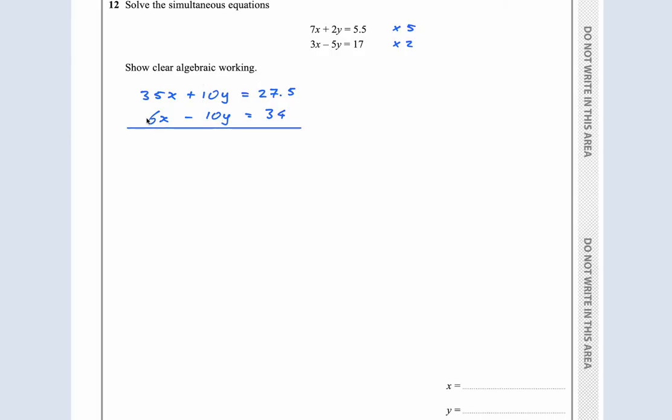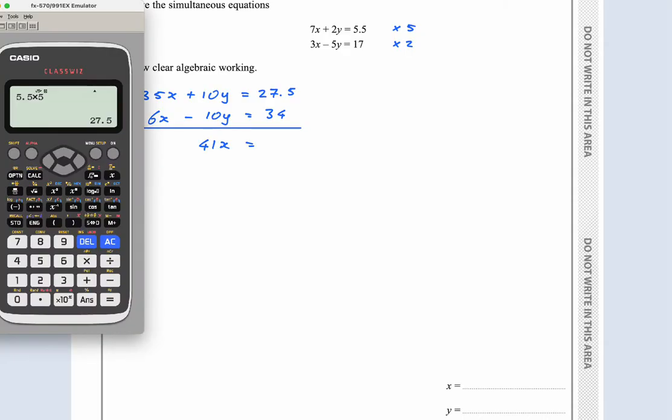Okay, then I decide, do I add or subtract? Well, I add because these signs are different, and that will get rid of the y's. 35 plus 6 is 41, so it's 41x. The y's disappear, equals 27.5 plus 34. 27.5 plus 34 is 61.5.